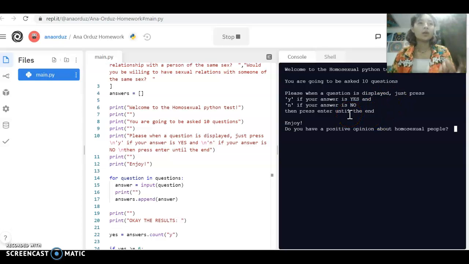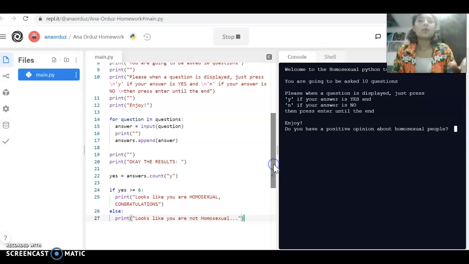I don't know how to explain it, I hope you understand what I'm saying. Also, I have these empty prints, and I did them also for aesthetic purposes. As you can see here, I have these empty spaces between the lines, and that's what those empty prints mean.